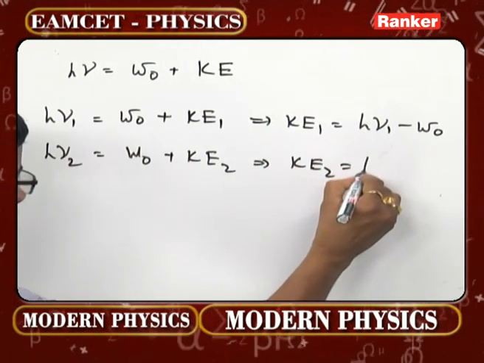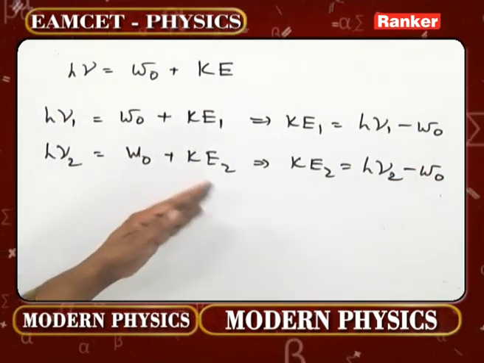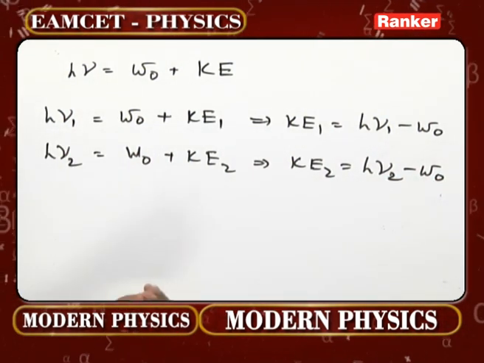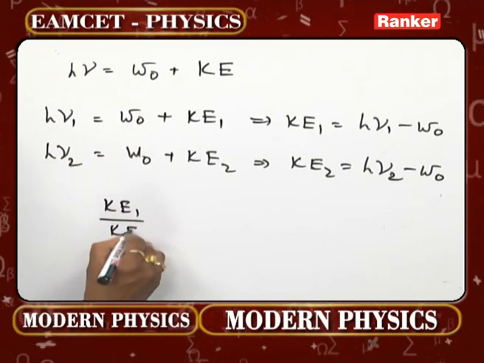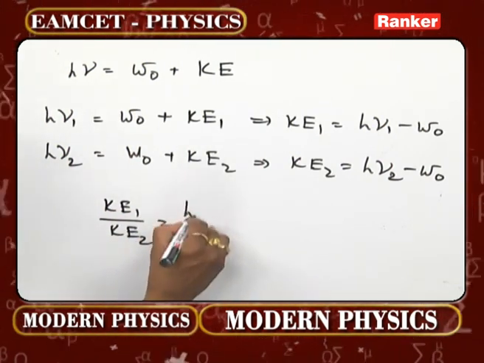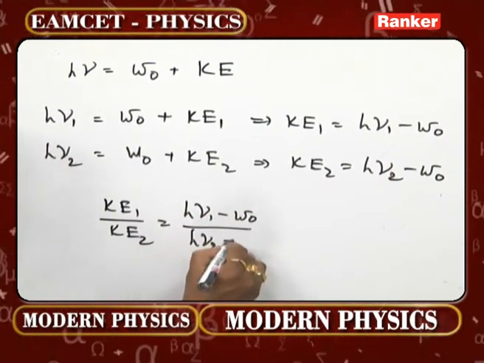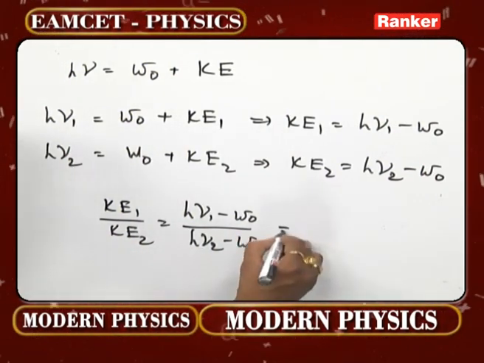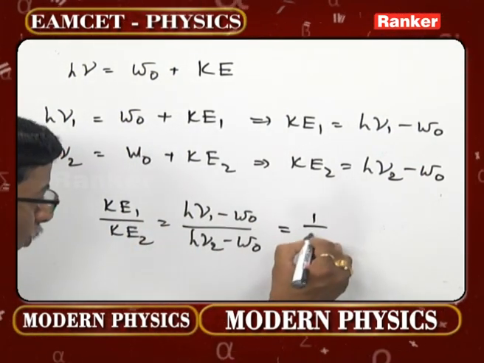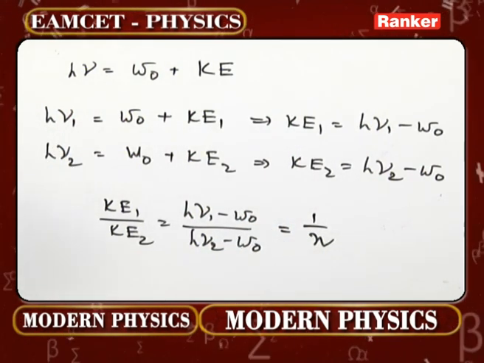Ke2 is equal to H nu 2 minus W naught. That is actually the concept. Fine. Now the question is kinetic energy 1 by kinetic energy 2. That of course I can write H nu 1 minus W naught by H nu 2 minus W naught. This is the equation generally. But what is that he has given you? This is equal to 1 by N he gave. That is actually the concept he has mentioned there.